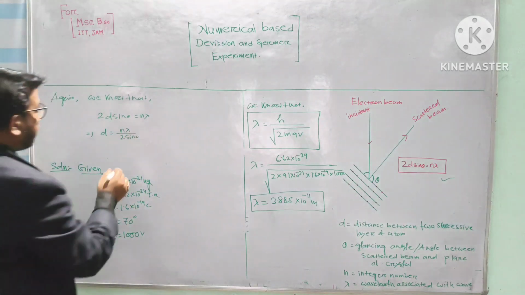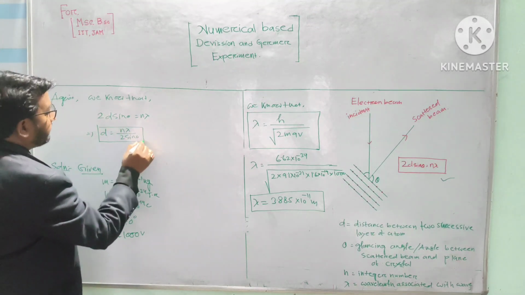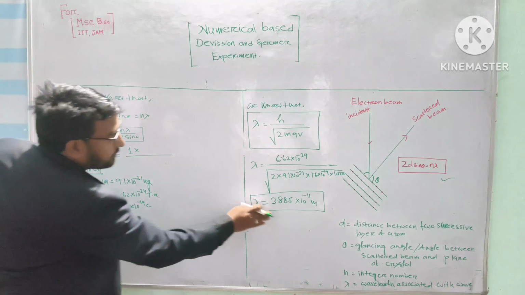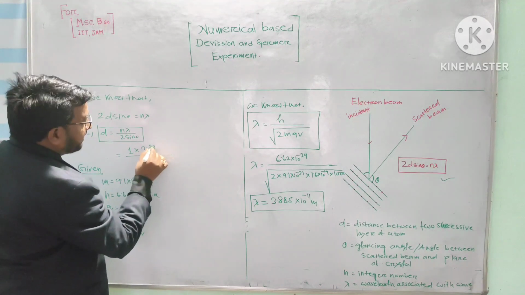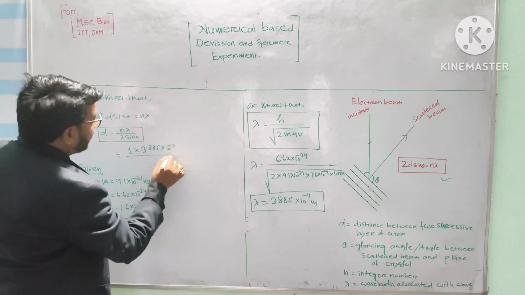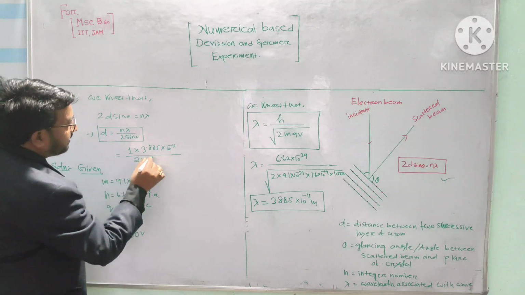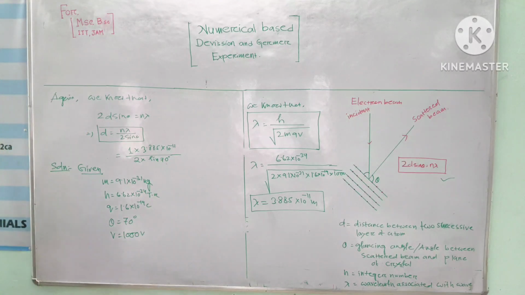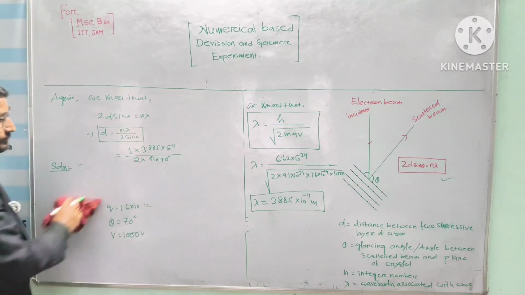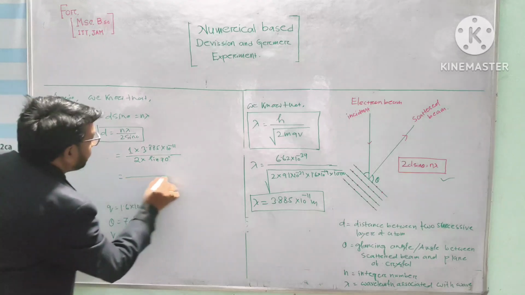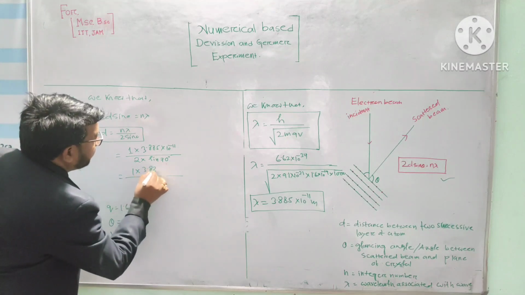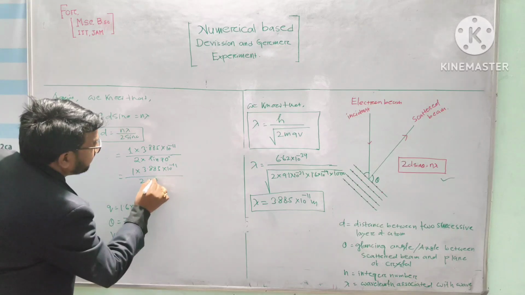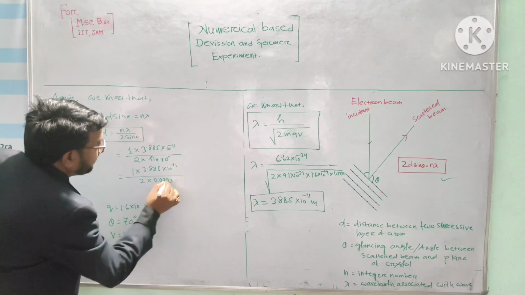Okay, so for first order n equal 1, and lambda is equal to 3.885 into 10 to the power minus 11, divided by 2 into sin 70 degree, theta equal 70 degree. And sin 70 degree is almost 0.94.